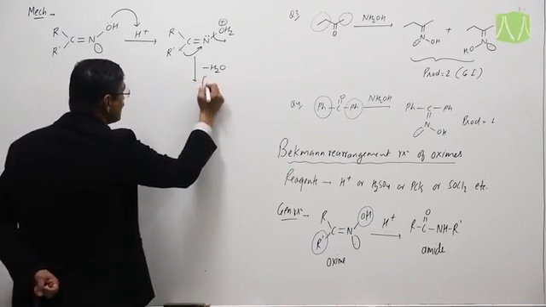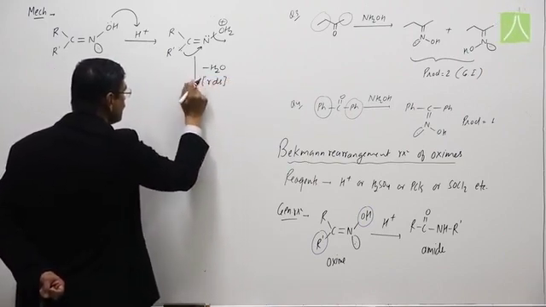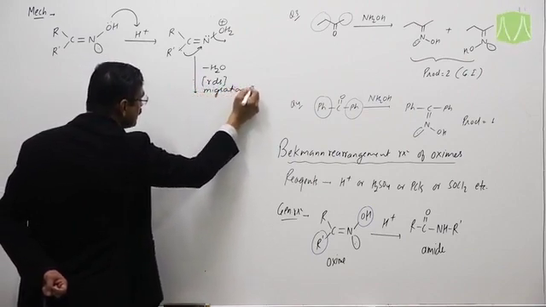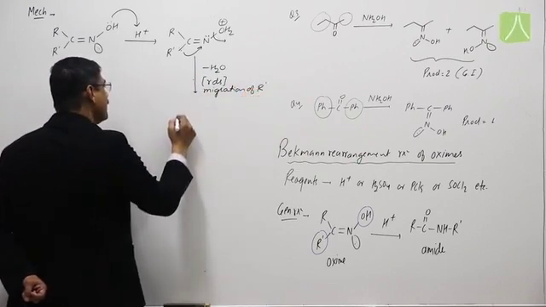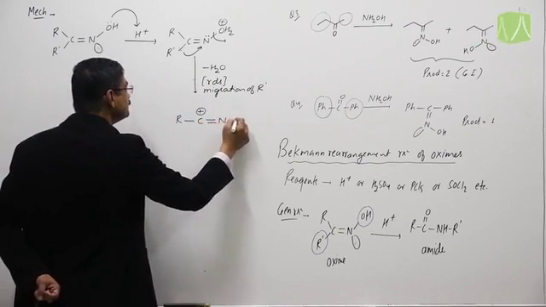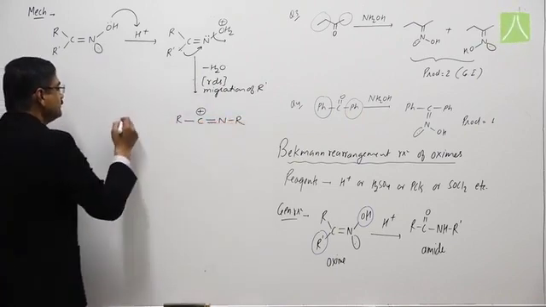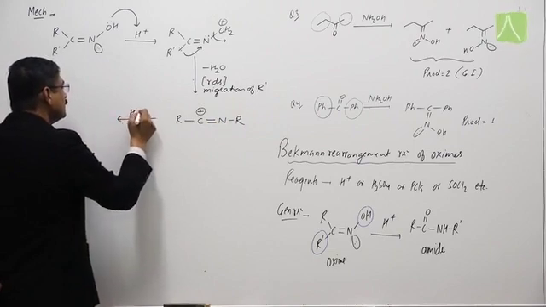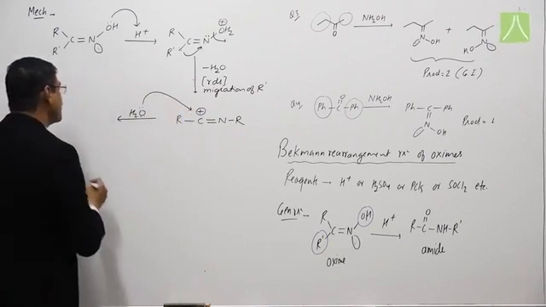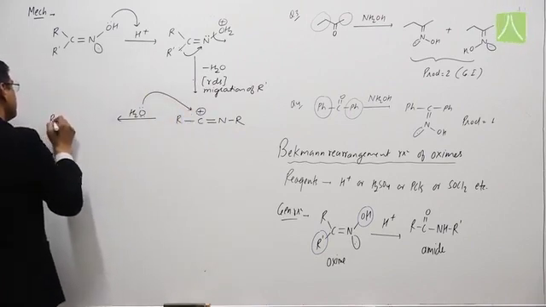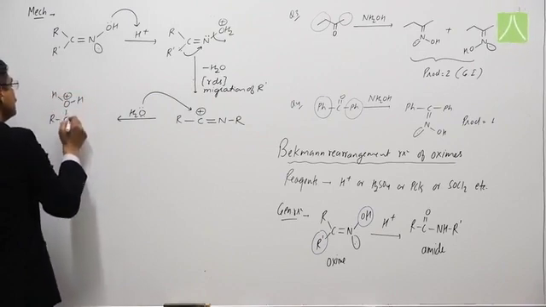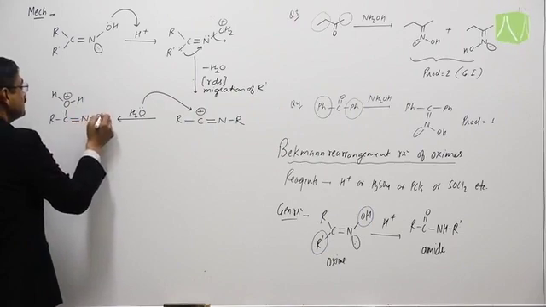So this step is the RDS step, or we can say migration of R dash, and this migration is an intramolecular migration. So a carbocation is formed. The water molecule obtained from this reaction again attaches to the carbocation, giving R-C-OH plus double bond and R dash.